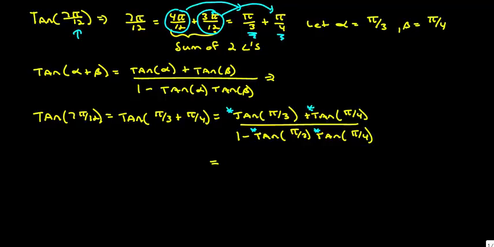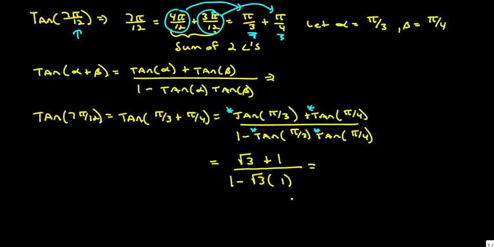So the tangent at pi over 3 is just square root of 3, and the tangent at pi over 4 is 1. And the denominator is 1 minus the tangent at pi over 3, which we know is square root of 3, times the tangent at pi over 4, which is 1.